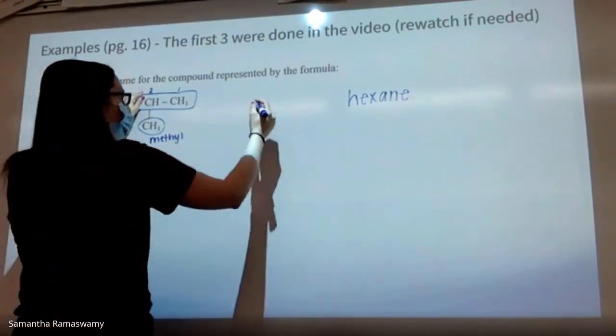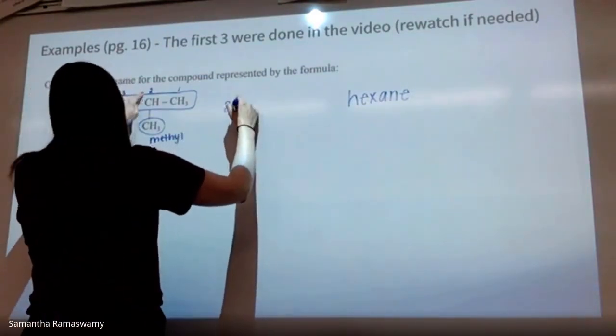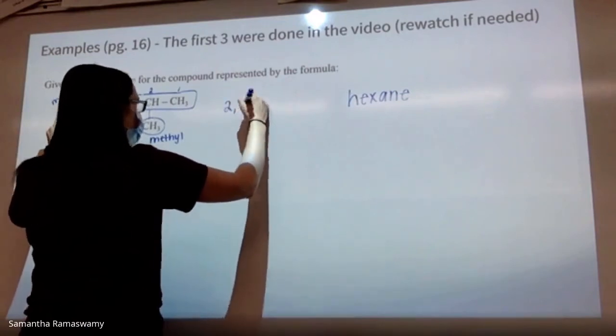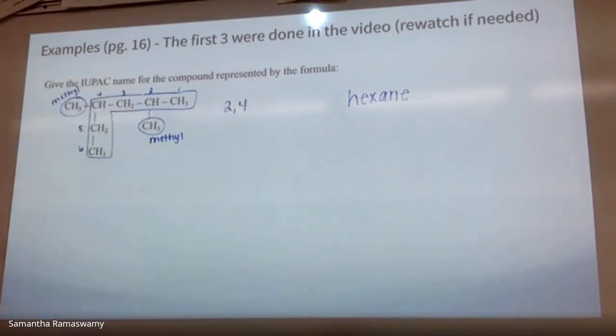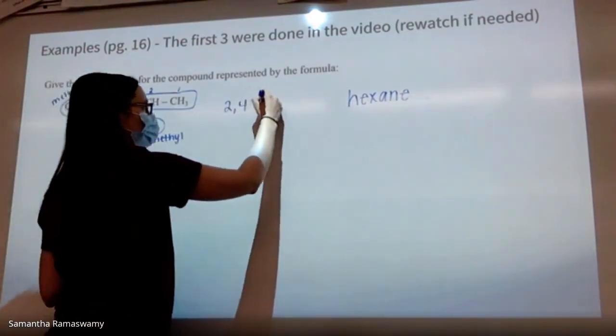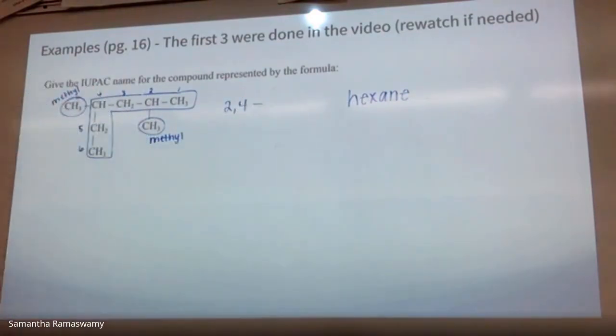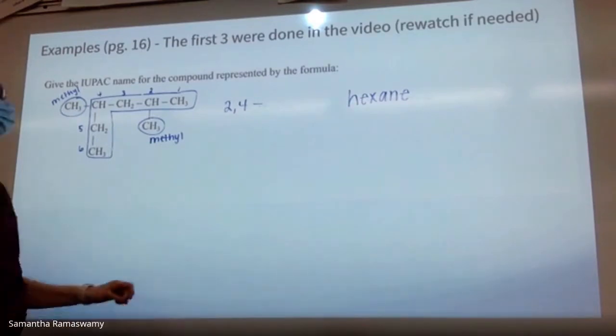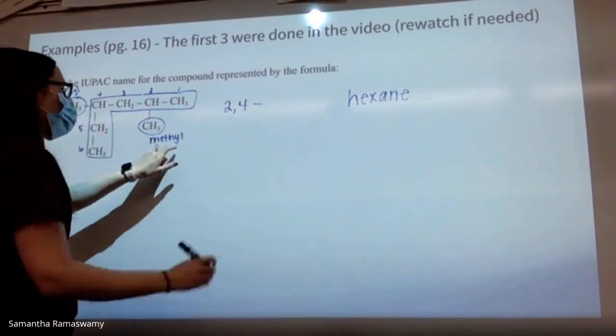I have a methyl group on carbon 2, and I have a methyl group on carbon 4. When you're separating numbers, you use commas. So we're saying that we have something on carbon 2, something on carbon 4, and then between numbers and letters, we use dashes. So on carbon 2 and carbon 4, we have a methyl group.